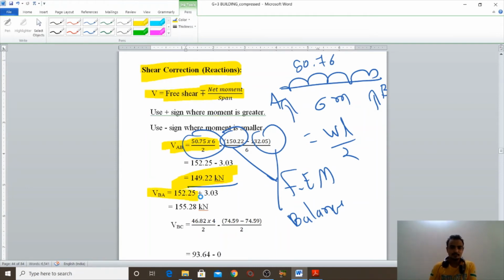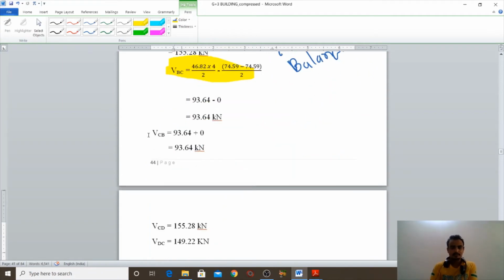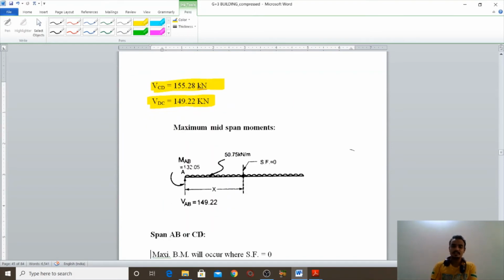Same for VBA, VBC, then VCB, VCD, then VDC. Okay, so these are the shear corrections.